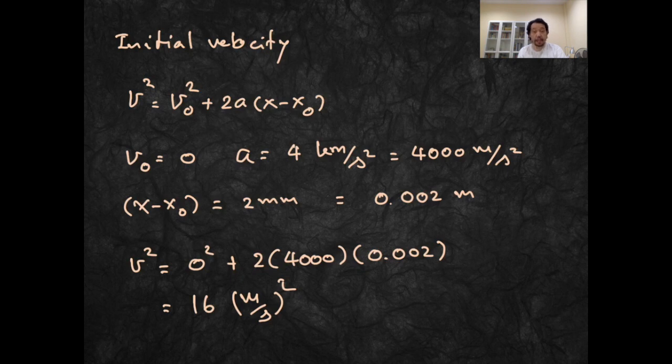Oh no, that is not the initial velocity, that is the initial velocity squared. So we know that the initial velocity is 4 meters per second.